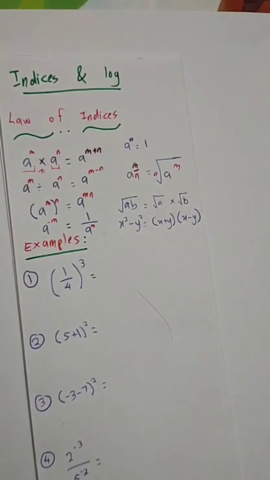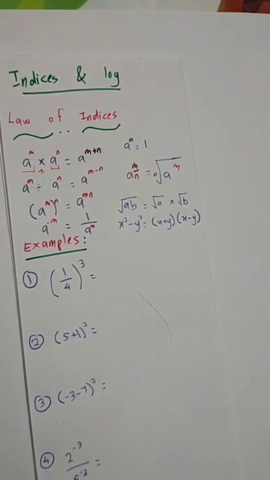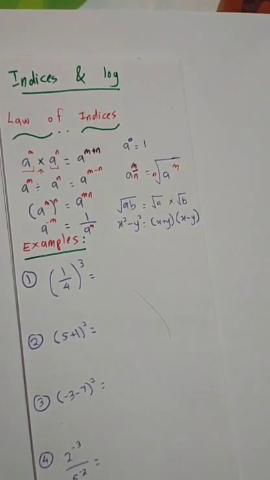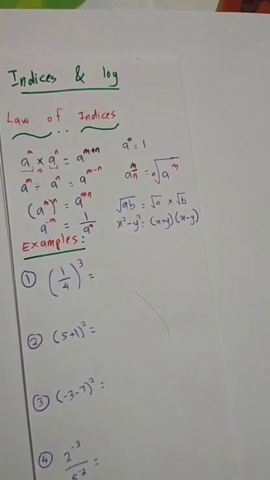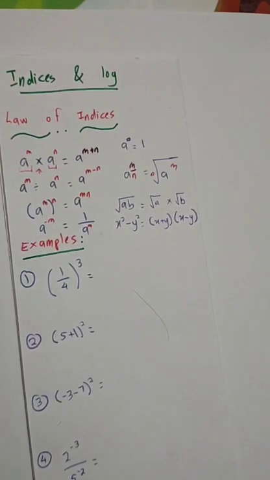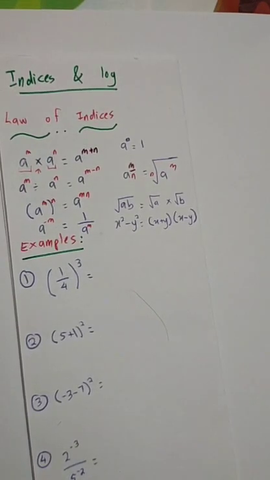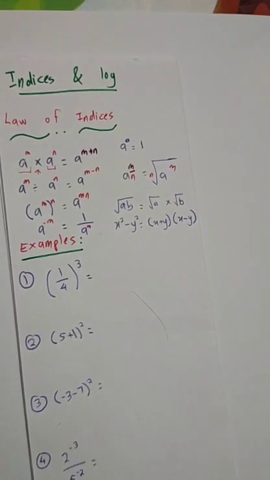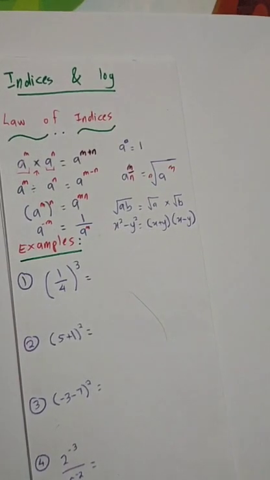So you get square root of 8 times 4, and then you can separate it: square root of 8 times square root of 4. Obviously you know square root of 4 is 2, so you get the answer 2 square root 8. So it is in simplified form. That's what we mean by simplified form.